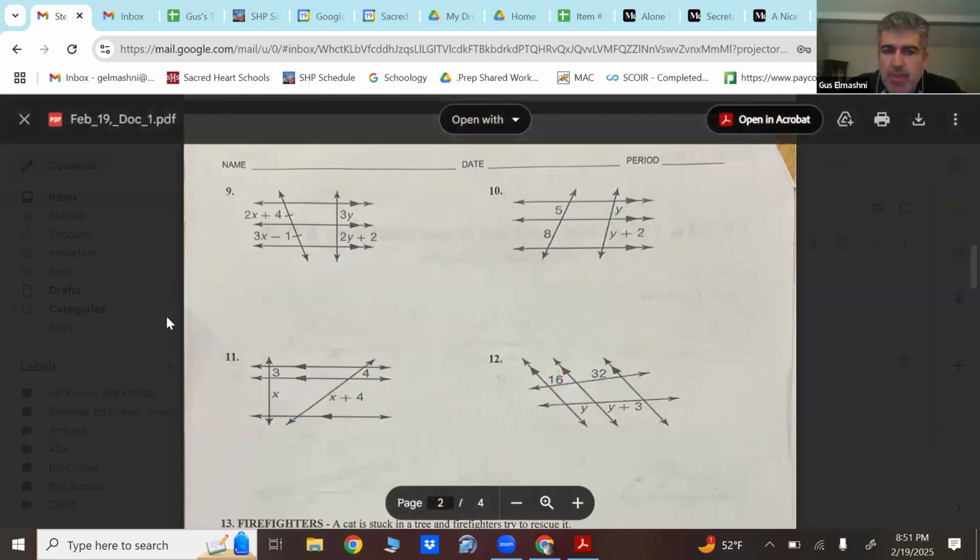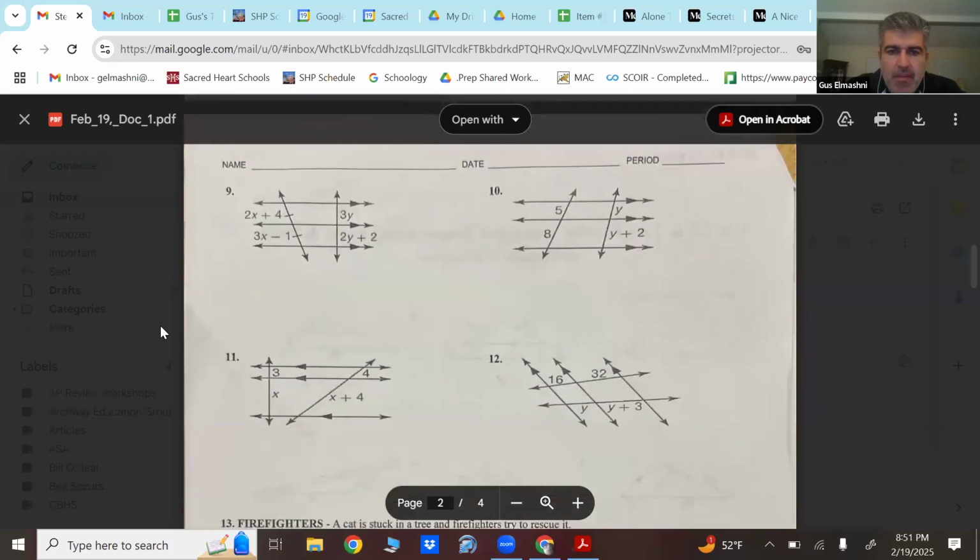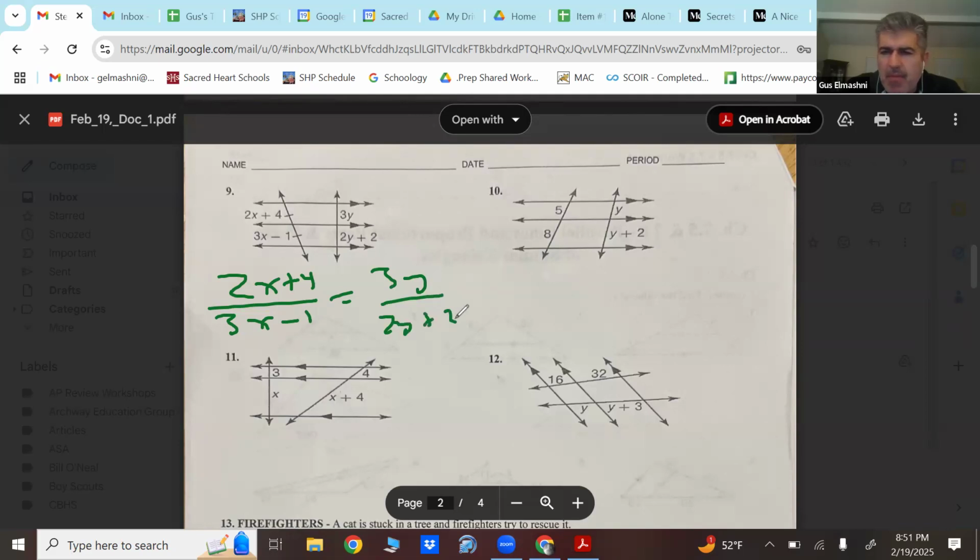So again, it's a matter of just finding the relationships. Like here, again, these are the same, right? Because you have equal markings. But that doesn't help me because I have one equation, two variables, so I actually don't know why I did that.